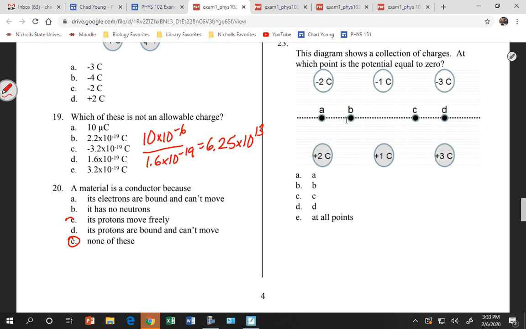So the key is that the quotient, when you divide that number by the fundamental unit of charge, has to be an integer value. That's true for A, that's true for C, but if I divide this number by 1.6 times 10 to the -19, I get 2.2 over 1.6, something that's not an integer. I get 1.4. I can't have 0.4 of an electron or proton.